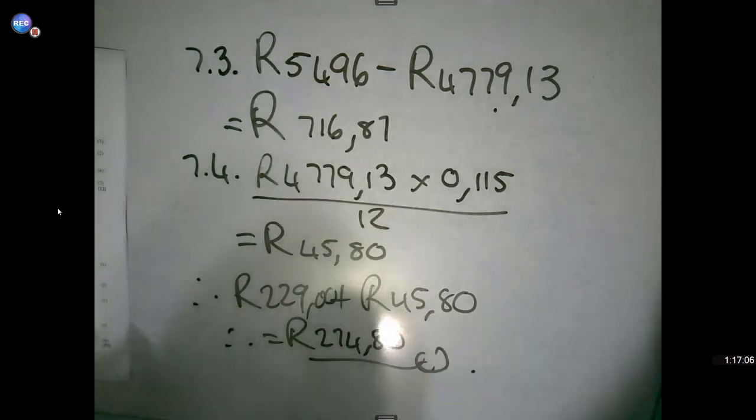Okay. Last question for financial math. 7.5. The cost of the cell phone is subject to inflation and increases to a cash price of 5,100 Rand after 2 years. Calculate the annual inflation rate.